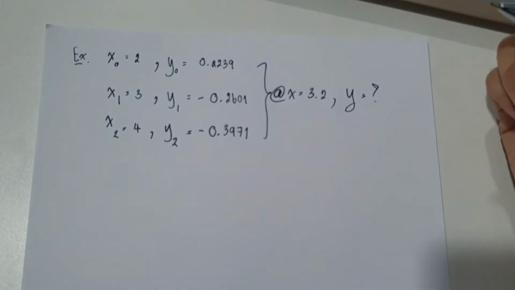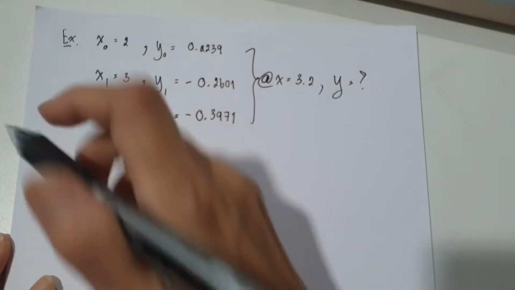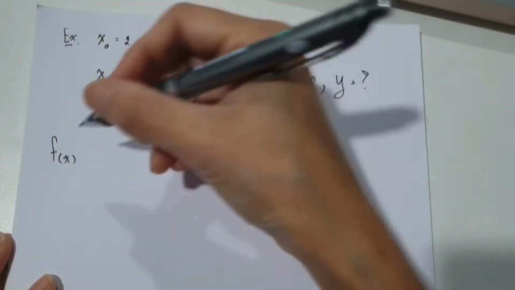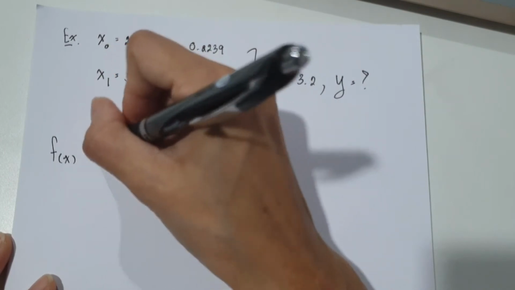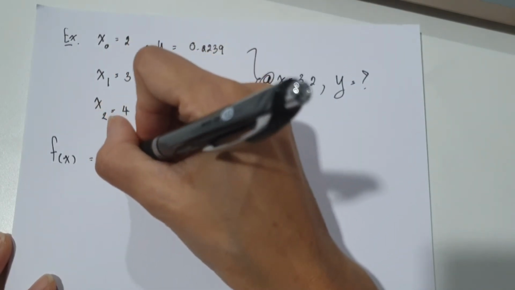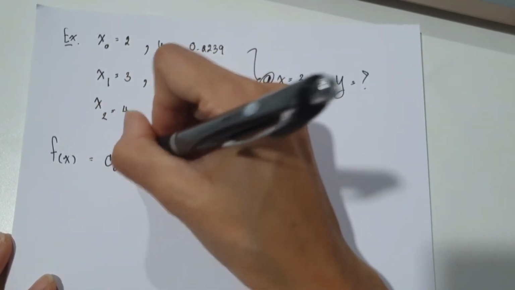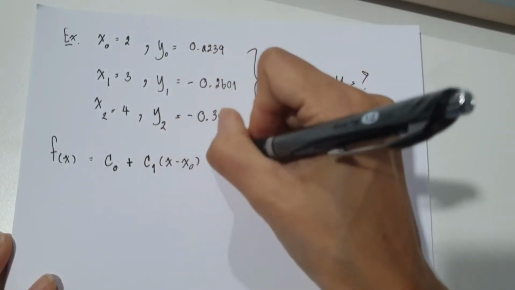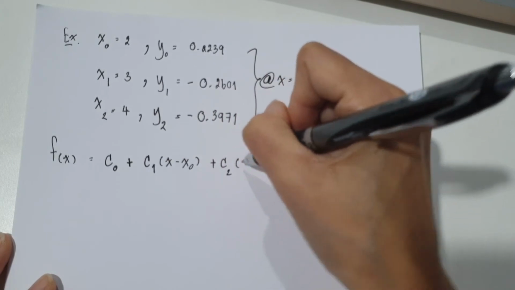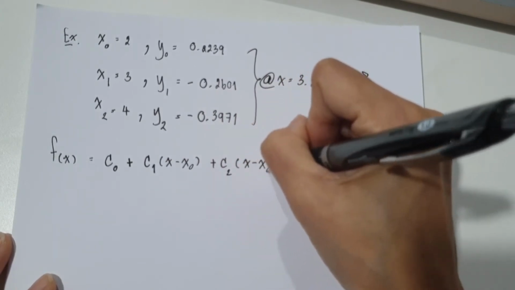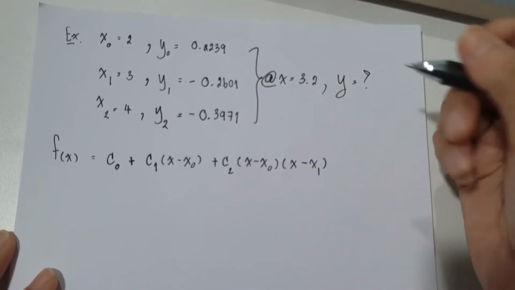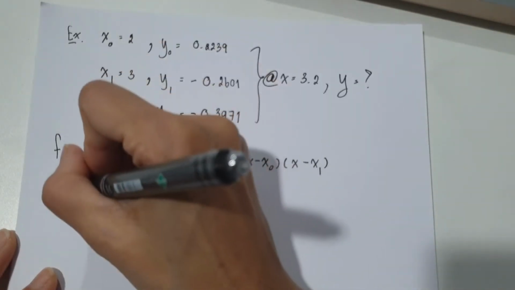Okay, so basically you can approximate the function of these three data points in the quadratic function form. So it is c0 + c1(x - x0) + c2(x - x0)(x - x1).